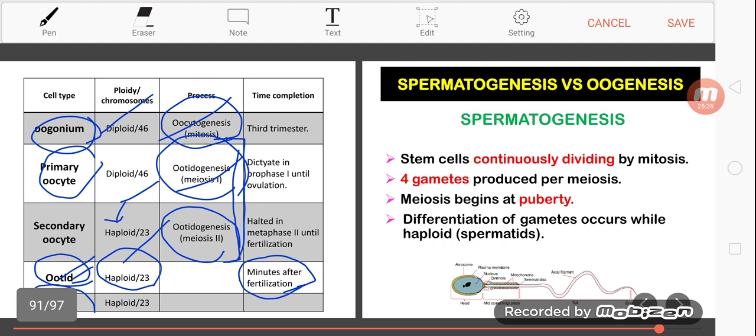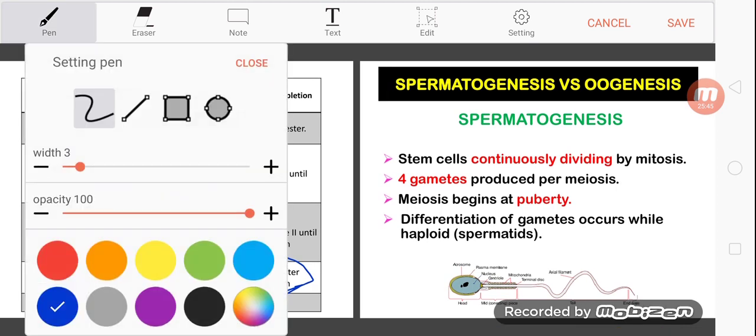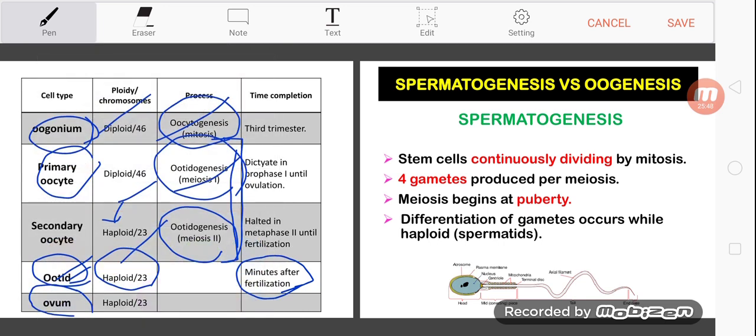Stem cells continuously dividing by mitosis, so this is a similarity. This is spermatogenesis. Four gametes produced per meiosis. So from one spermatogonia we can produce 4 gametes.